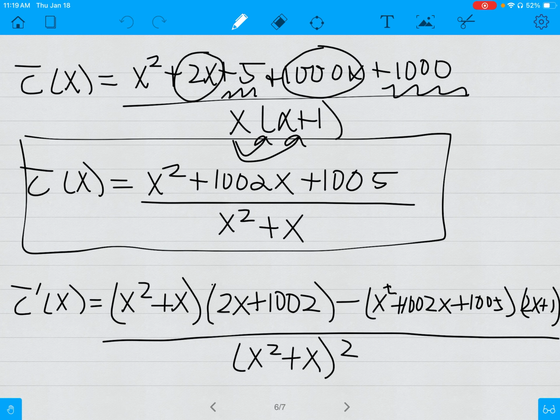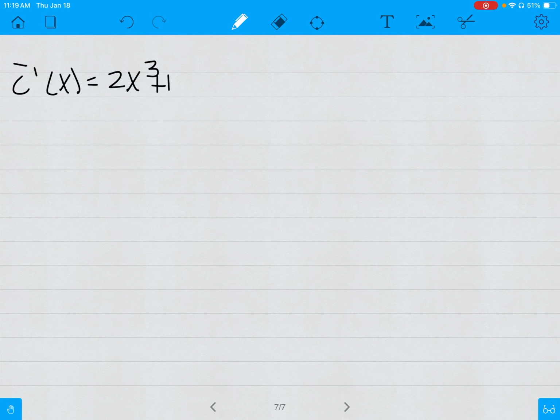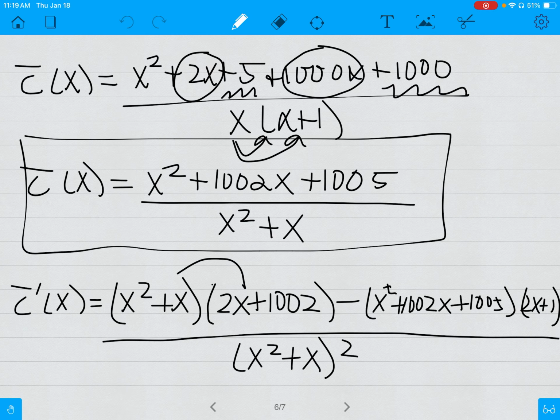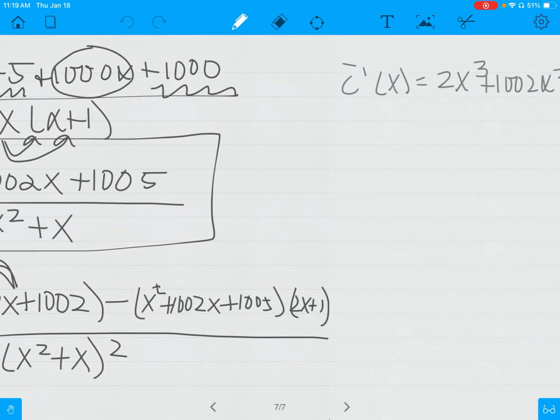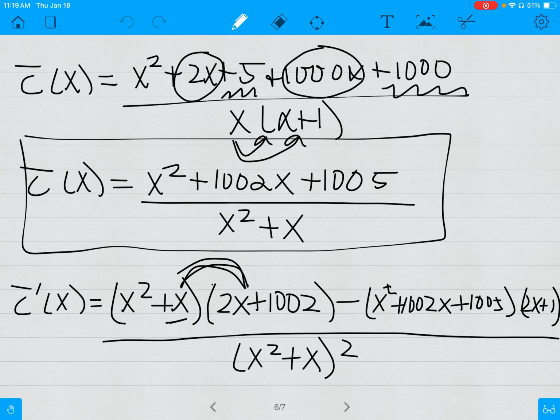For the outers, we have x squared times 1002, so that's going to be 1002x squared. The inners: x times 2x is going to be 2x squared. And then the lasts, x times 1002, so that's 1002x.